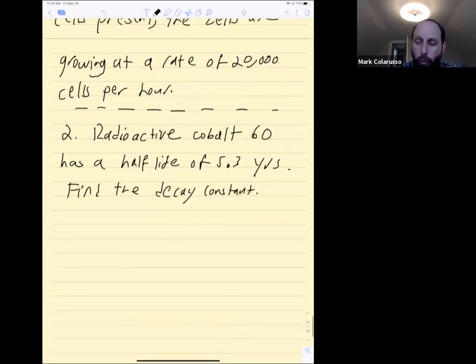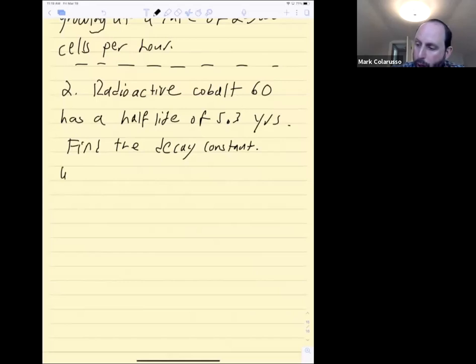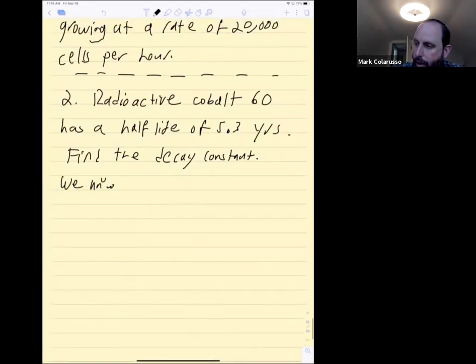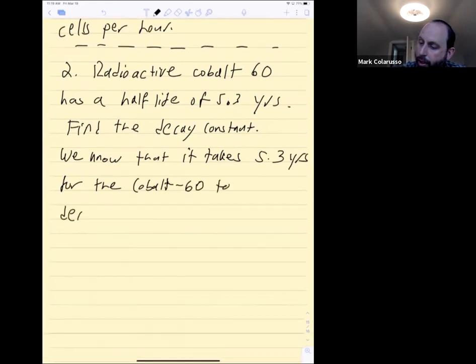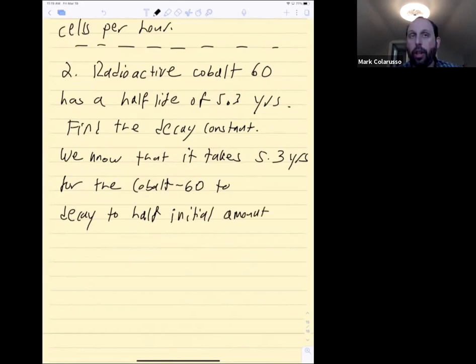Okay, so what do we know? We know that it takes 5.3 years for the cobalt 60 to decay to half its initial amount. And we know, as I talked about earlier, that radioactive elements satisfy exponential decay.